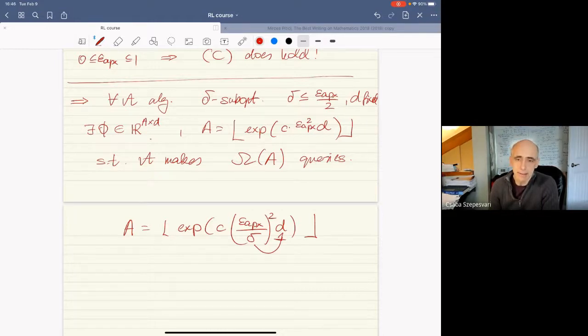But if delta is small compared to your epsilon, then it doesn't cancel it.